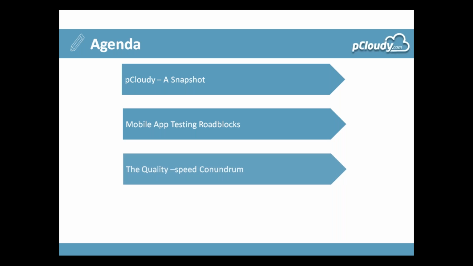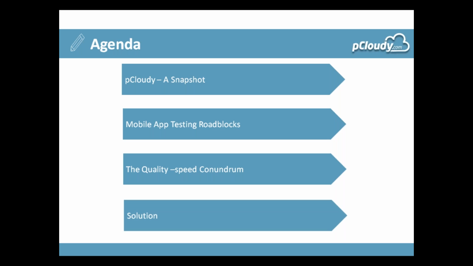And since the topic is focused around how to achieve quality with speed, we'll spend few minutes understanding what the challenges are when we talk quality and speed together. And lastly, and the majority of session will be devoted around discussing possible solutions around these challenges and how do we achieve quality and speed together.